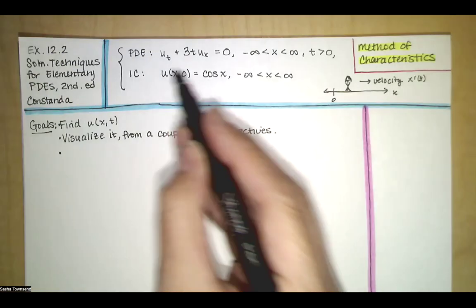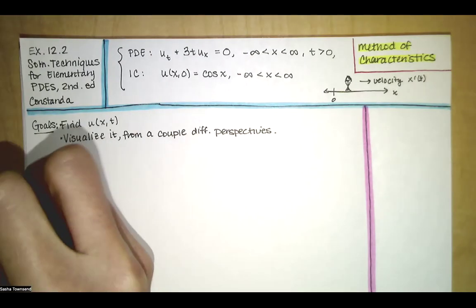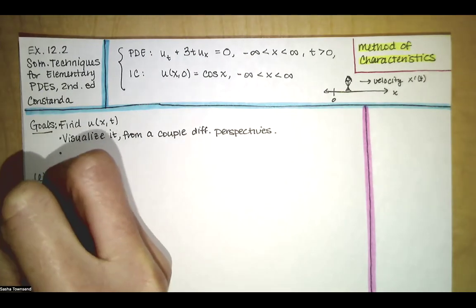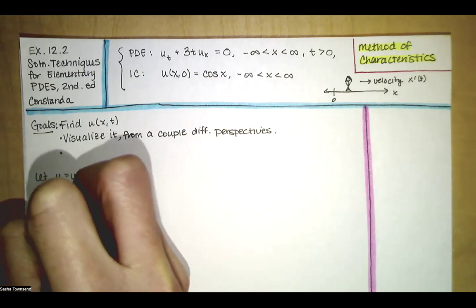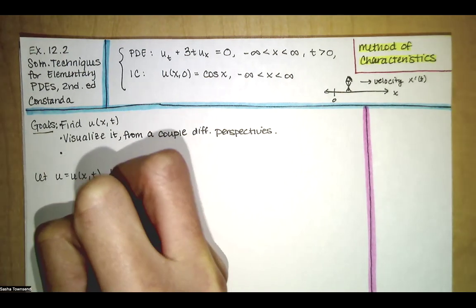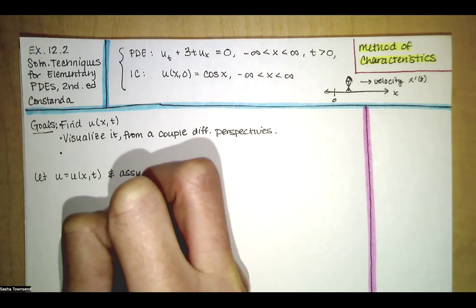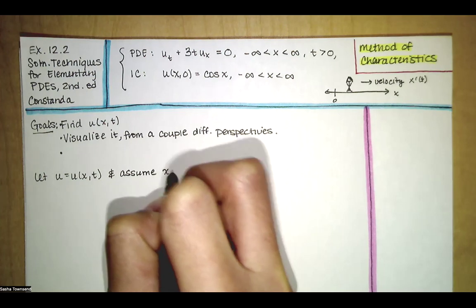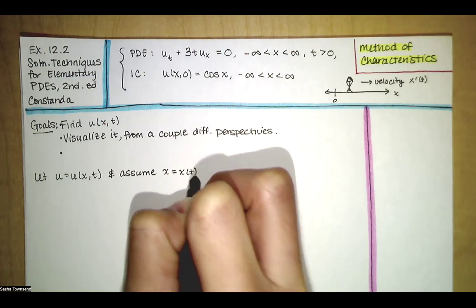All right, so we've got this. And we're going to let u be a function of x and t. And we'll assume that x is a function of t.